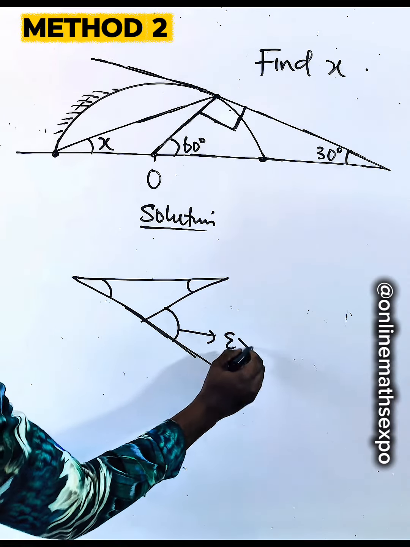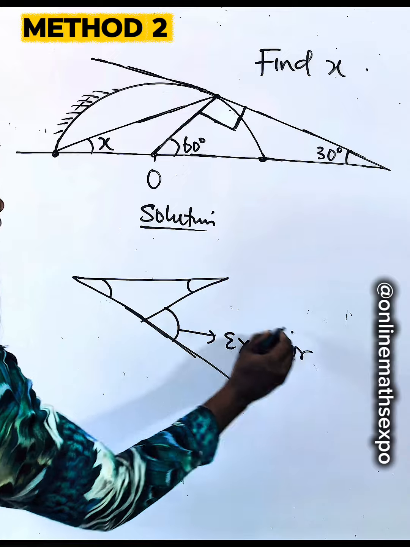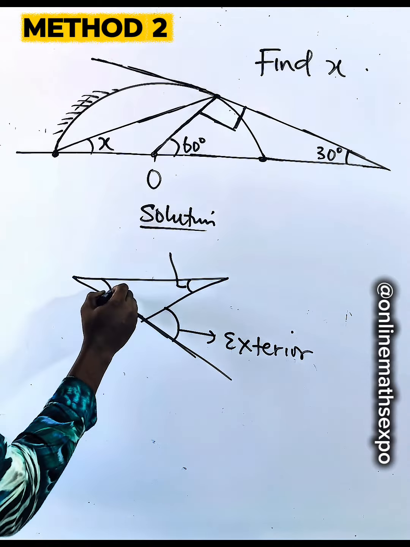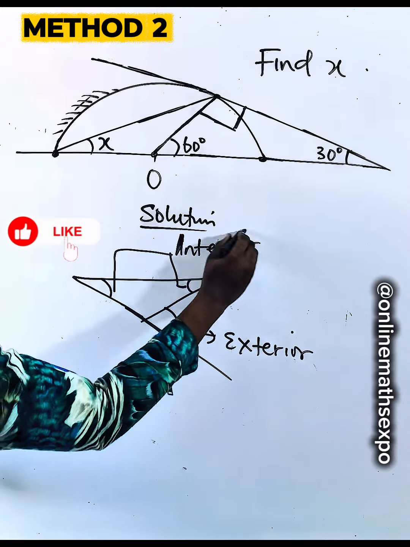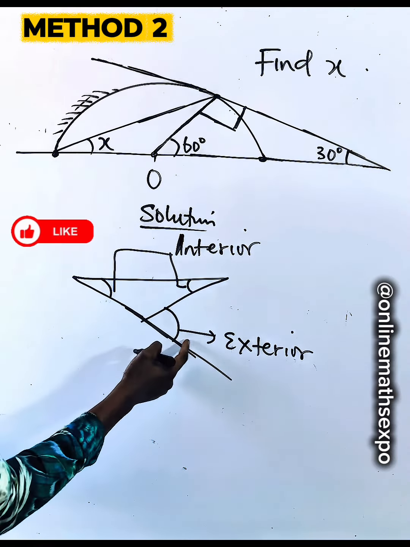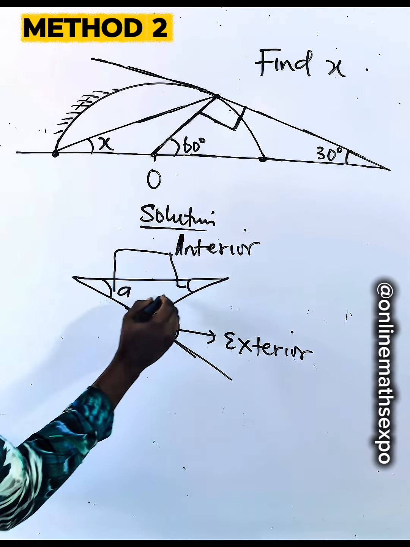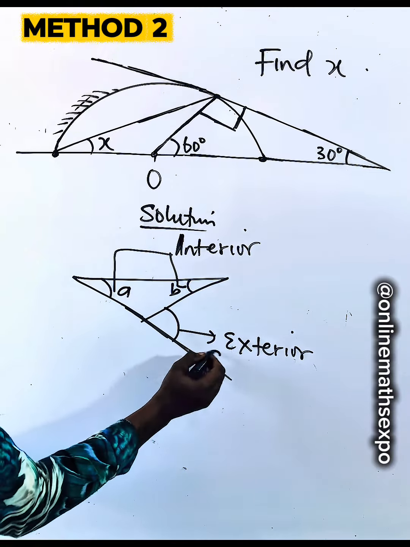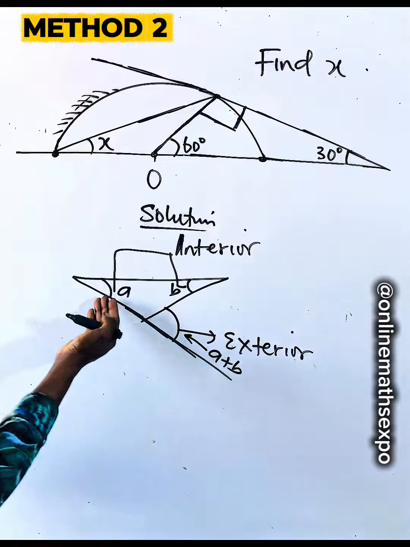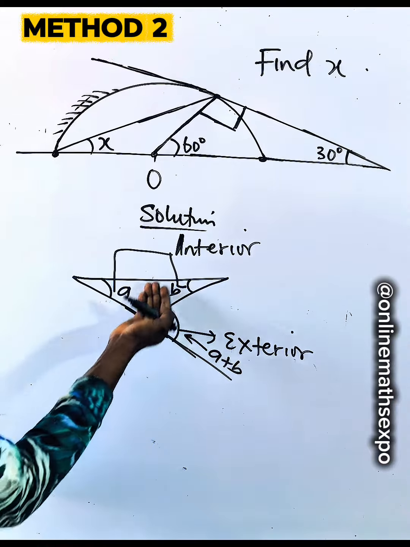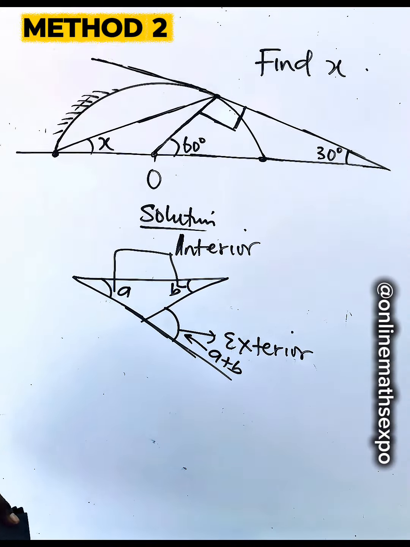This one is the exterior angle, and these two are the interior angles. So if here is A and here is B, this angle here is going to be A plus B. We said that the sum of two interior angles is equal to the opposite exterior angle.